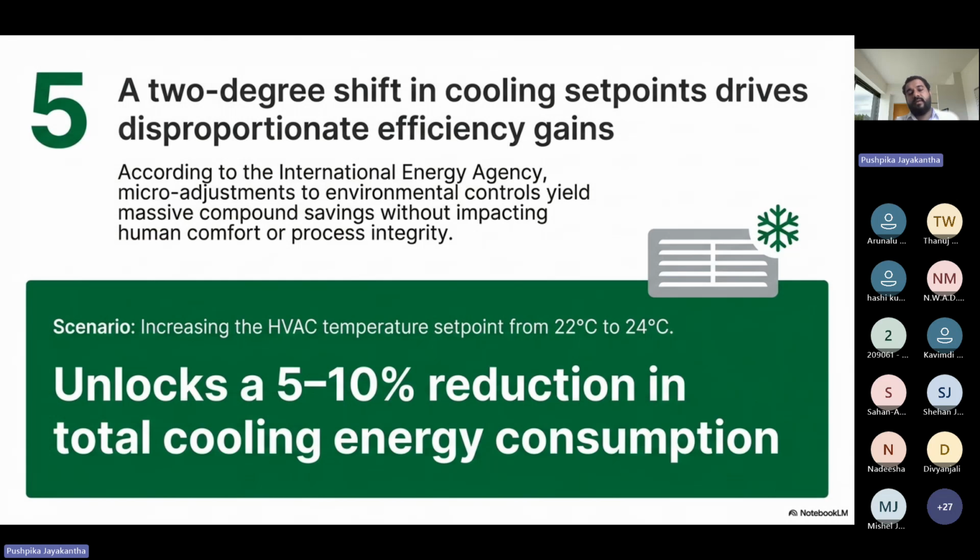Adjusting the building cooling set point to 22 to 24 Celsius can significantly reduce the energy consumption while still maintaining a comfortable working condition. That's why I take that as one example. If you switch your office AC to 18 or 19, it will consume more energy. So maintaining that set point at 22 to 24 can reduce significant energy consumption in your facility.